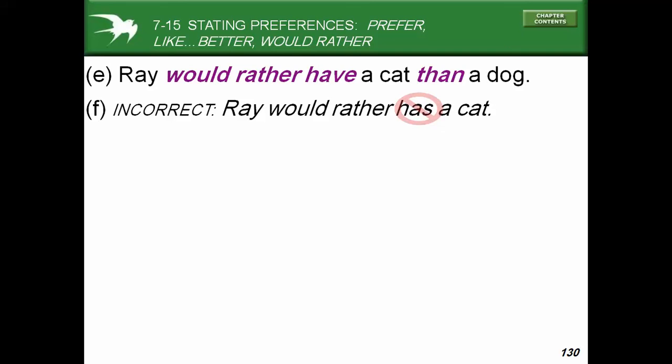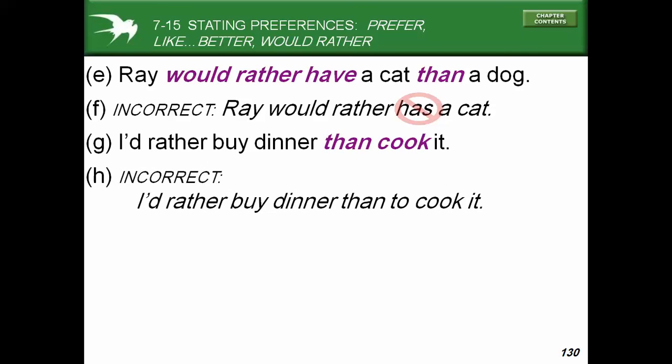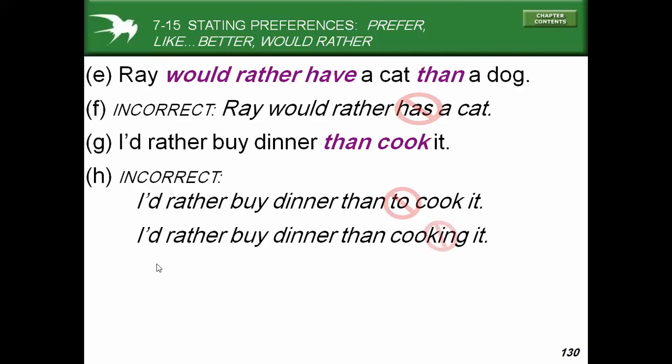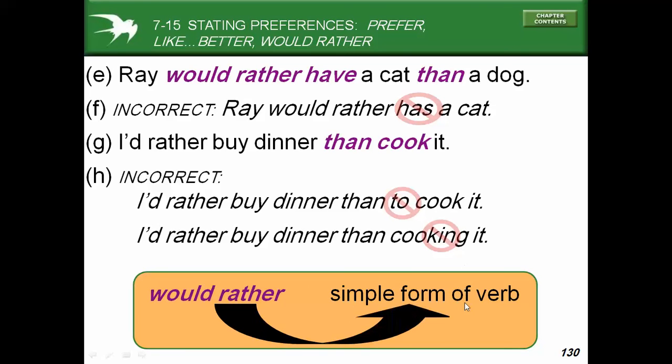You don't say would rather has. Okay. I'd rather buy dinner than cook it. Incorrect. You can't say than to. I'd rather buy dinner than cooking. This is incorrect. Would rather plus the simple form of the verb.